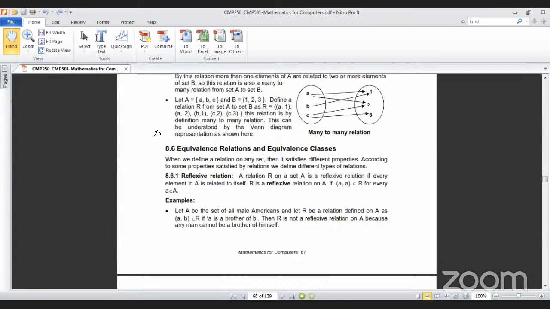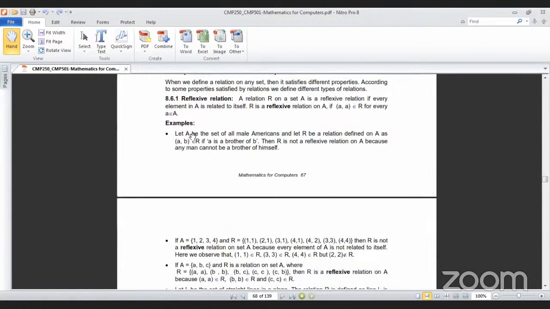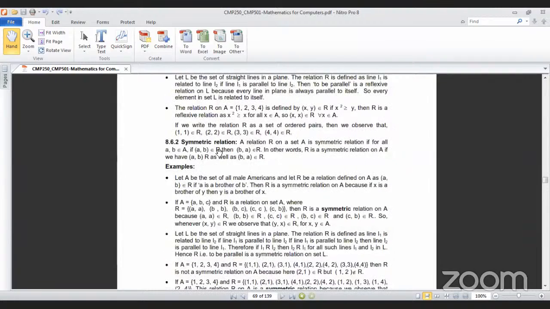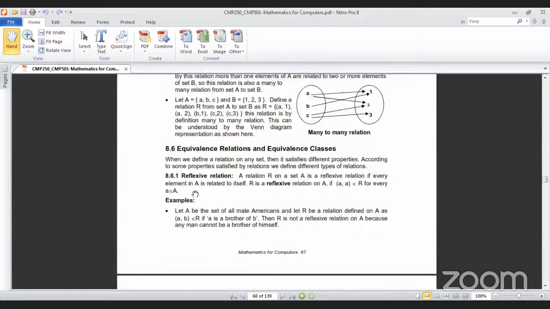Now, when do we define equivalence relation and equivalence classes? There are 3 relations: reflexive relation, symmetric relation, and the last one is transitive relation. Now, reflexive relation means what?